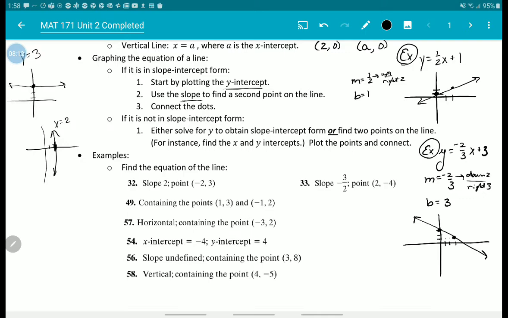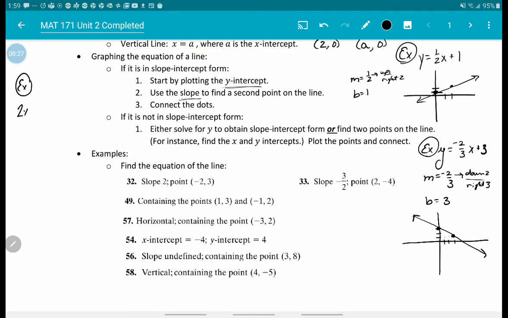Now, if we're not in slope-intercept form, then we could take the equation and solve it for y and then use this method. Or we could just find 2 other points that are on that line. Let's look at an example. Suppose we had the line 2x plus 3y is equal to 6. We could solve it for y. Or let's say we want to find the intercepts.